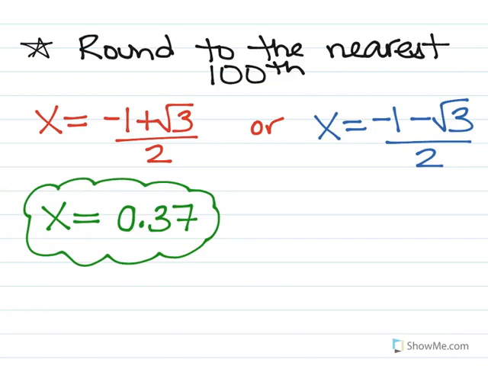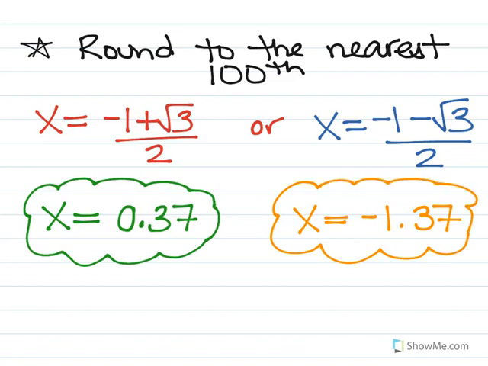So that's one answer. And the other answer, when you are subtracting negative 1 minus radical 3, all divided by 2, to the nearest 100th, we should get negative 1.37. So those are our two answers to finish off question 2.